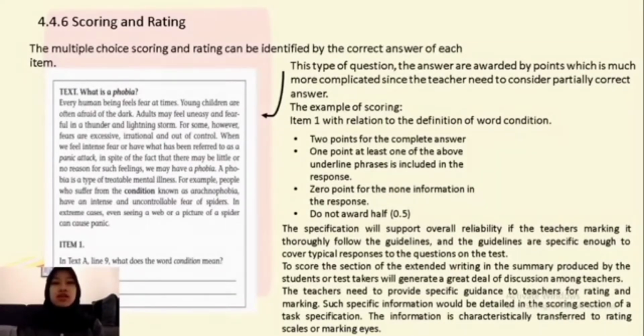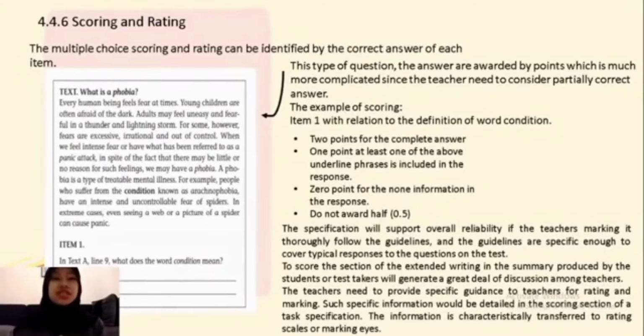And to score the section of the extended writing in the summary produced by the students or the test takers will generate a great deal of discussion among teachers when it comes to evaluating complex performance such as the extended writing elicited in sections 1 and 4 in the book of the sample test considered here.